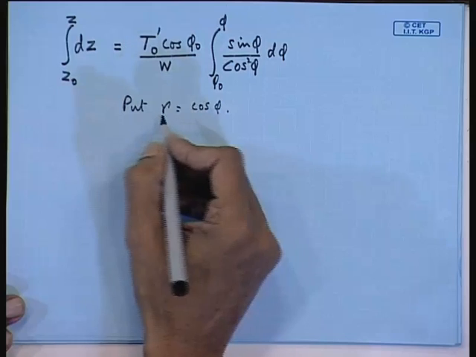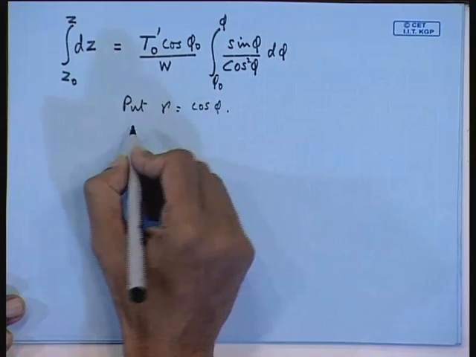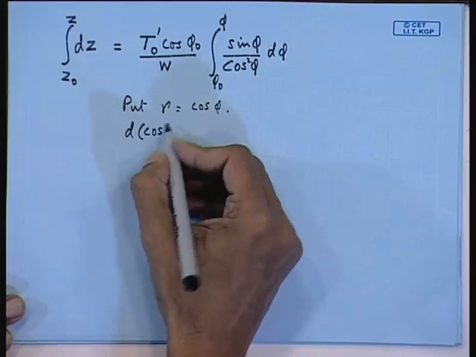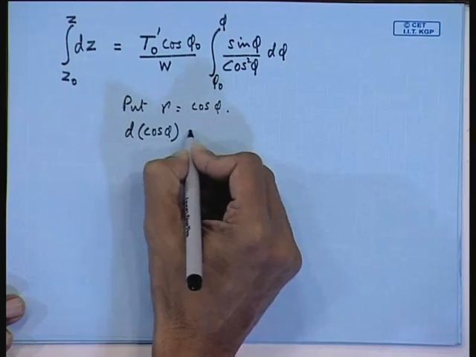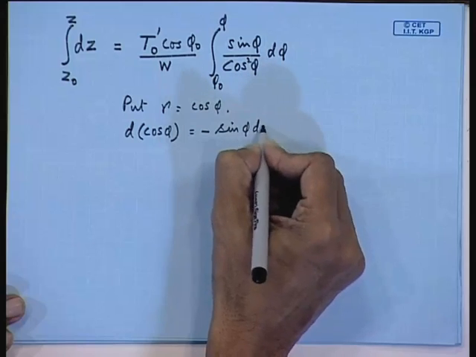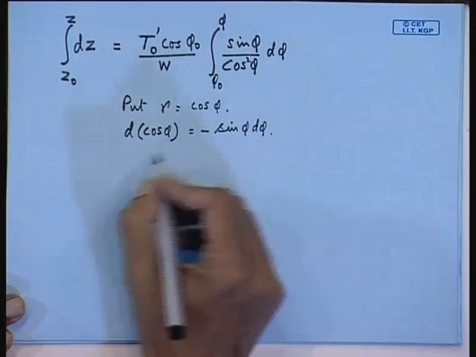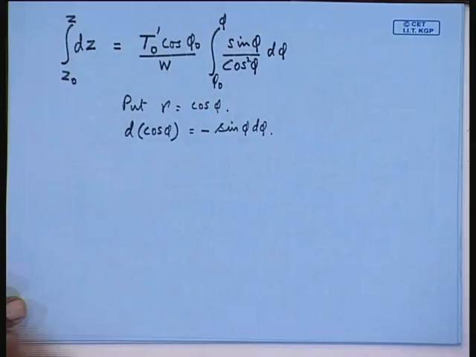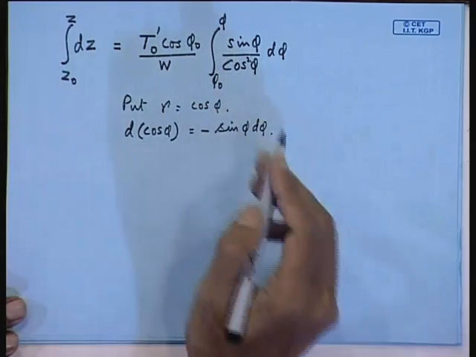Then what is d of cos phi? This is minus sin phi d phi. So you can write this expression, but you change your limits, phi and phi naught.